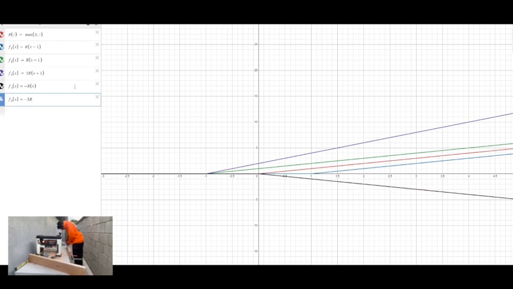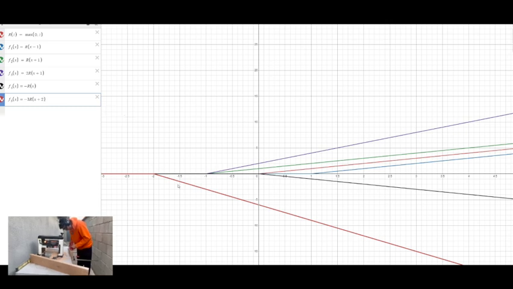And finally, we have the function where we triple it, negative 3 times ReLU of x plus 2. That shifts it greatly to the left, and the slope is pointed downwards as well.